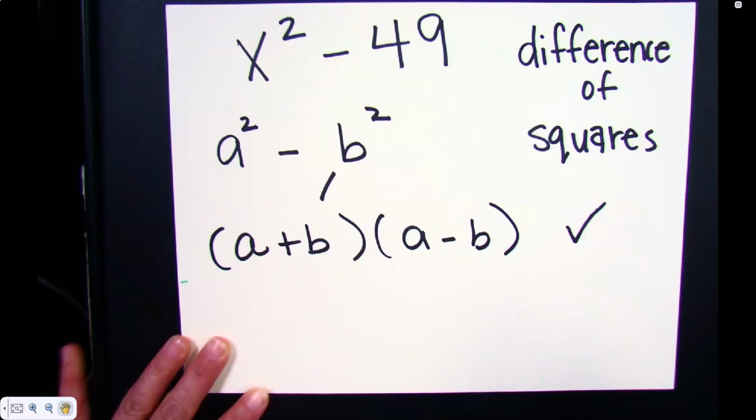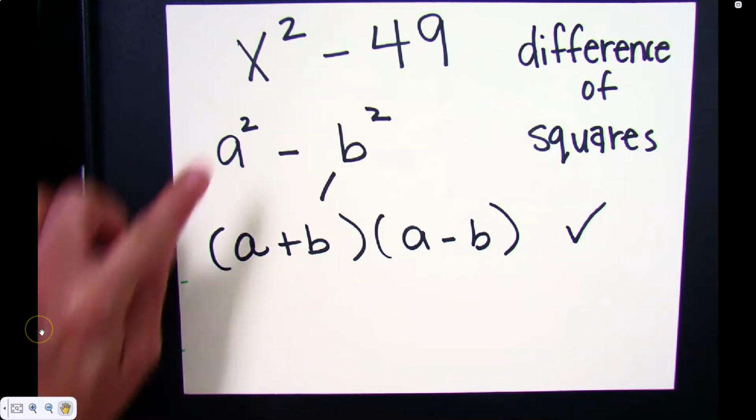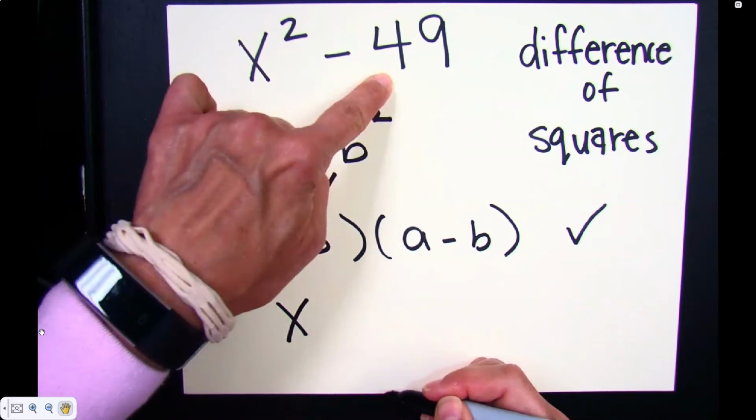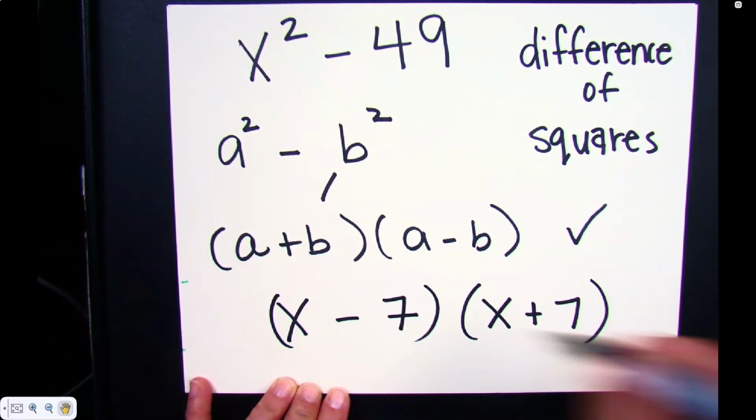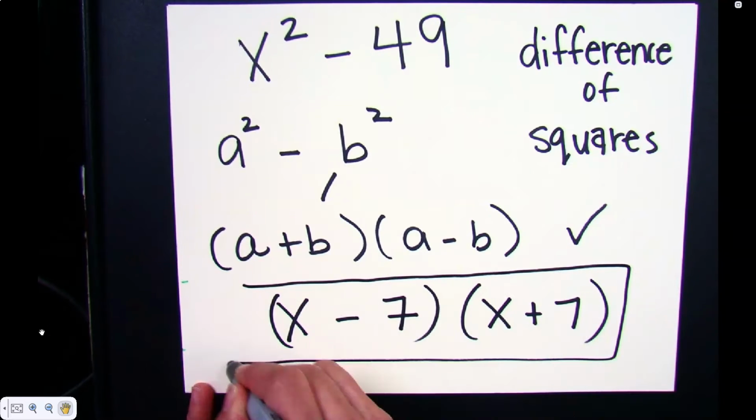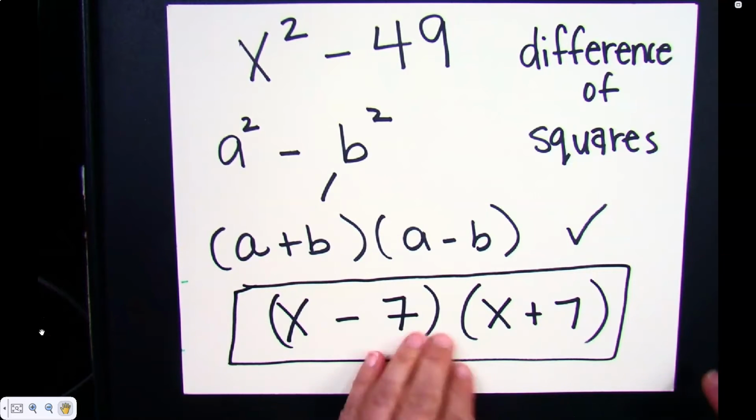They just have different signs. And what goes in the parentheses is just going to be the square root of what you started with. So what's the square root of x squared? It's just an x. What's the square root of 49? It's just a 7. Just drop those numbers in the parentheses. Just don't forget to change the signs. So x squared minus 49 is x plus 7 and x minus 7.